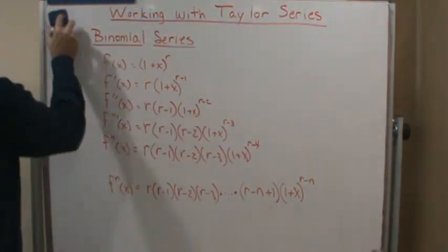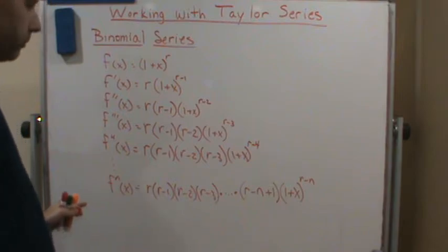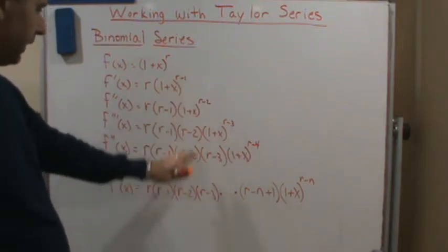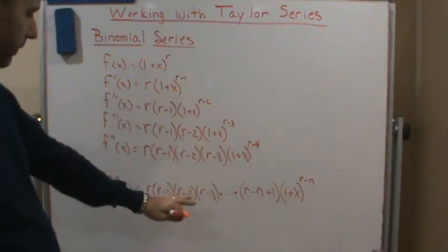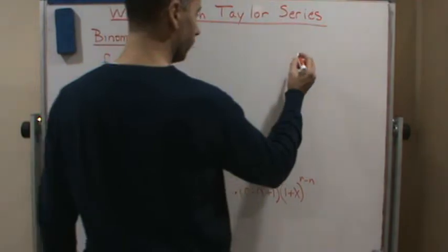Okay, never mind, I was right. So this is how we set it up, the way we did with the Maclaurin series. Now we're going to evaluate these at 0.